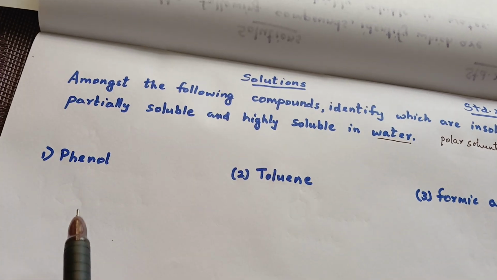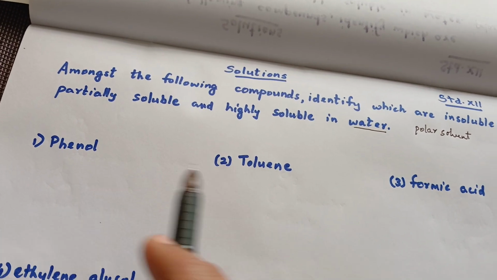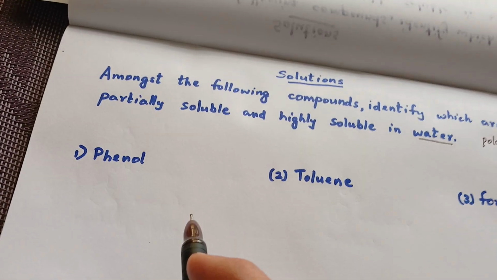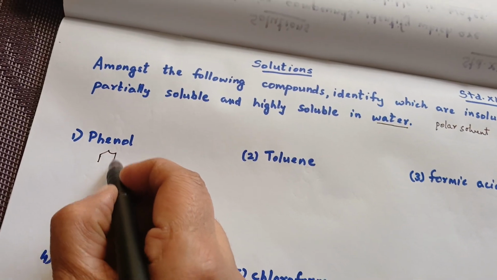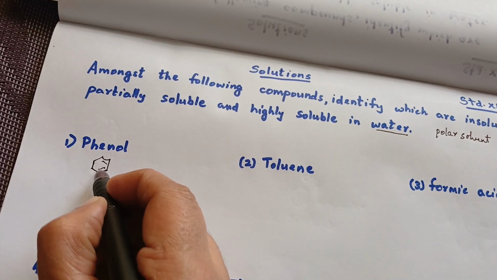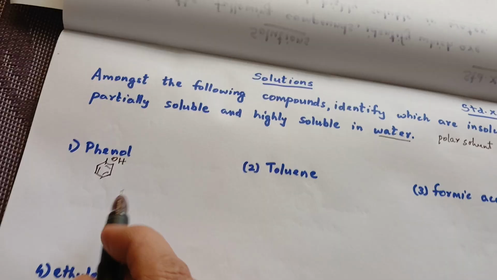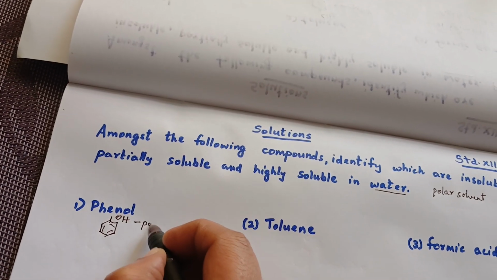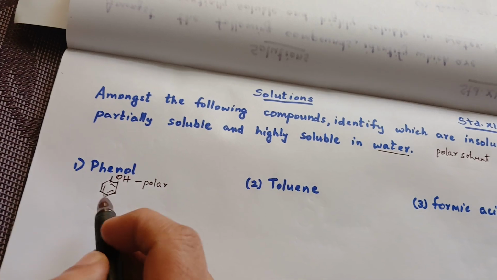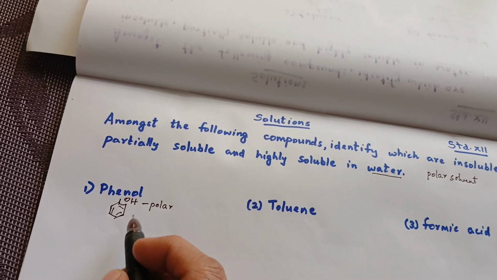So we have to identify the nature of the following compounds. First one is phenol. Phenol, as you know, has a benzene ring like this and an OH group attached to it. That OH group is polar in nature due to the presence of oxygen, with hydrogen bonding there.